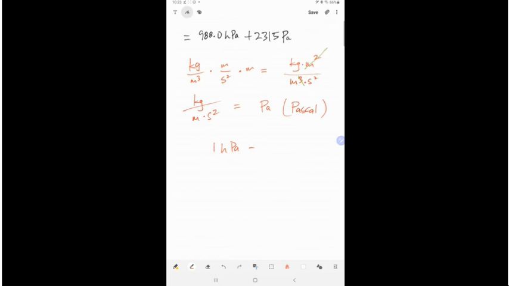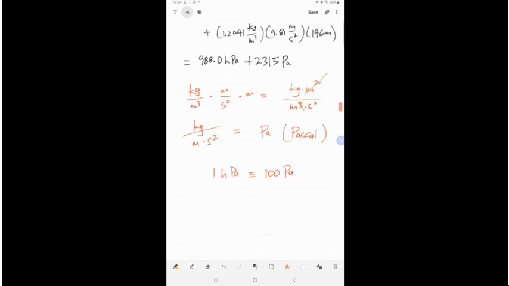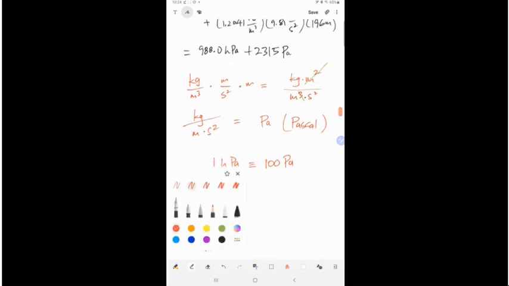So 1 HPA is equivalent to 100 pascals. Let's try and make that a little neater.